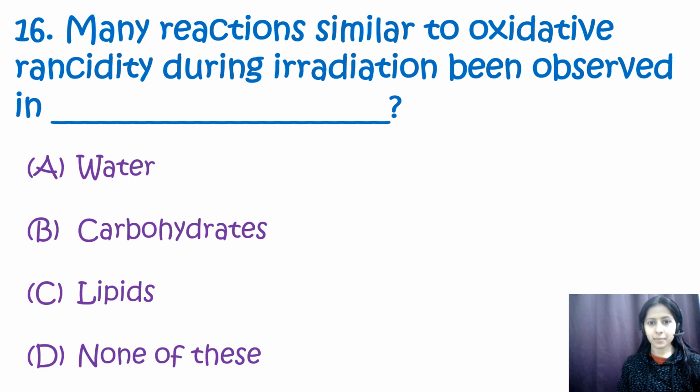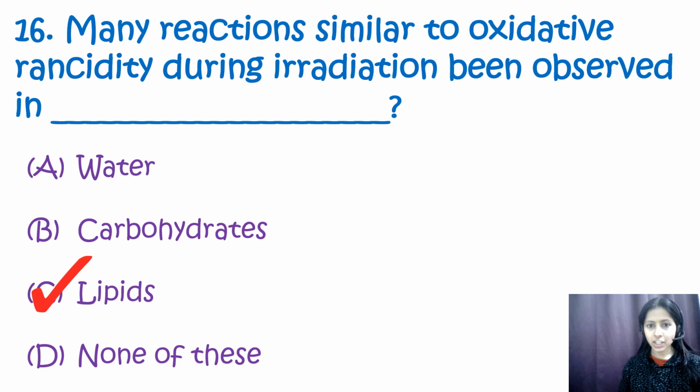Number 16. Many reactions similar to oxidative rancidity during irradiation have been observed in option A, water, B, carbohydrates, C, lipids, D, none of the options. So many reactions similar to oxidative rancidity have been observed in lipids during irradiation. Irradiation can cause the formation of free radicals in lipids, which can further lead to oxidation of the lipids and form off flavors or off odors.